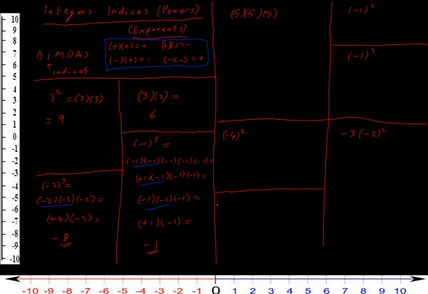Now I'm going to have a quick look at something that looks a little bit similar but means something quite different. And that is if I take something like minus 1 to the power of 4. Now, what's different here? There's no bracket. I haven't written in any bracket. And the significance of that is very important, and it's very important when you start using calculators as well. This means that the power, the indice, is only on the 1.